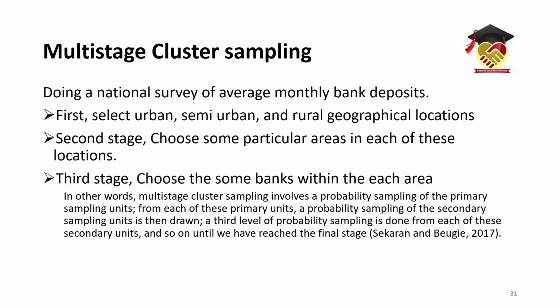From that is third stage. From that you get your samples. So that is called multi-stage cluster sampling. When you have bigger and bigger geographical areas, you have to go for multi-stage cluster sampling. Again, I am telling you, please check how the others have done, and you have to justify accordingly.